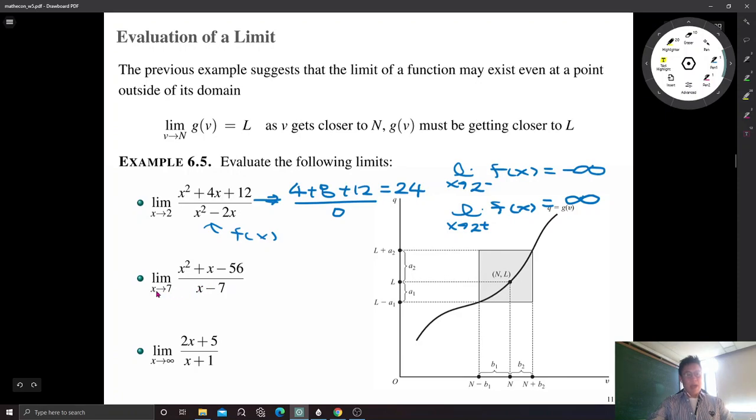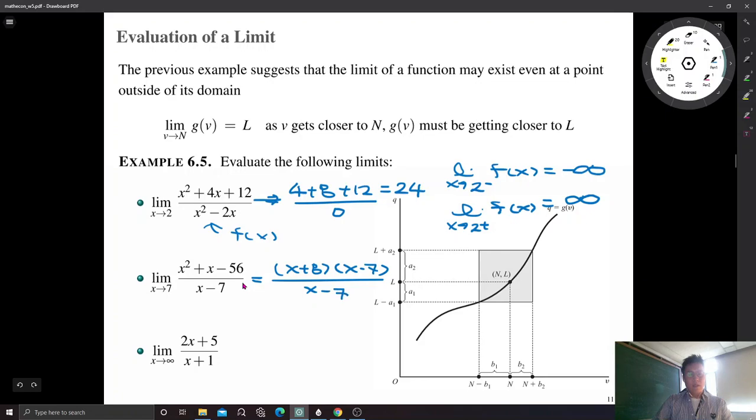Now we let x approach number 7, and we want to see the limit of this function. Once again, at x equal to 7, this rational function is undefined because the denominator comes down to 0. But we can factor the numerator. So the expression in the numerator is factorable: x plus 8 times x minus 7.